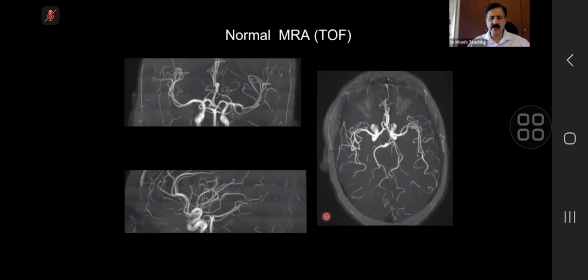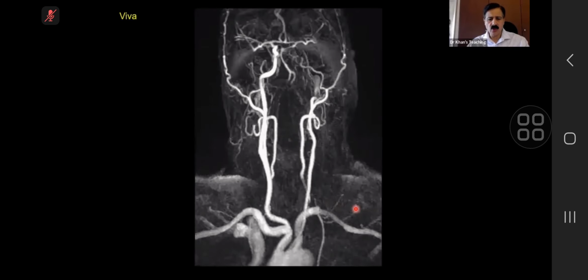Carotid, on the other hand, if you want to do carotid MRA, time of flight has got many limitations. 15, 20 years ago, time of flight carotid was done as a routine. Now we do it with contrast because time of flight is not very effective. But I'll come back to that point. Okay, this is your last case, candidate 1.